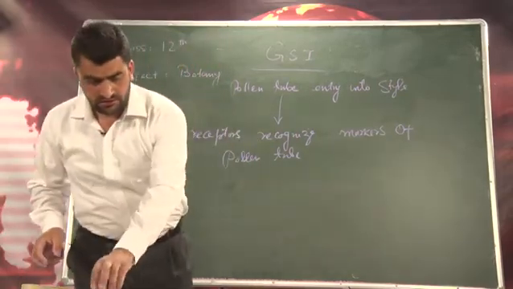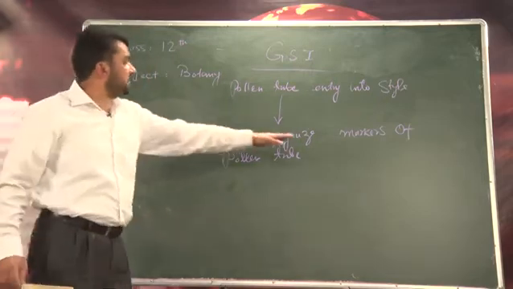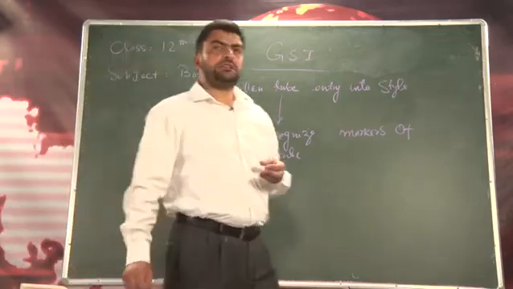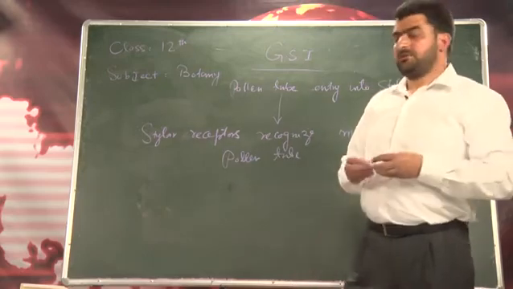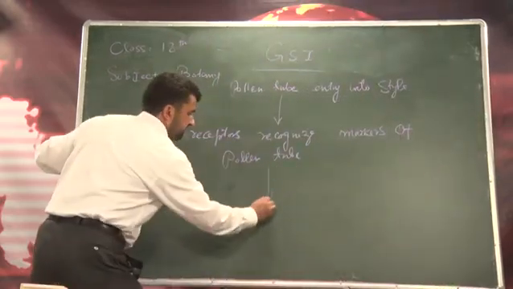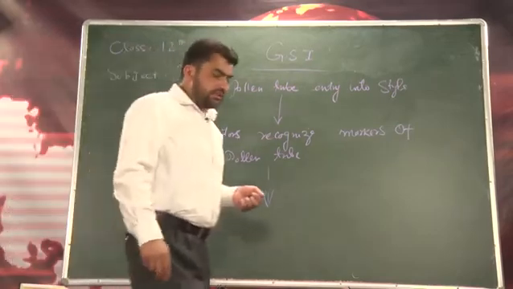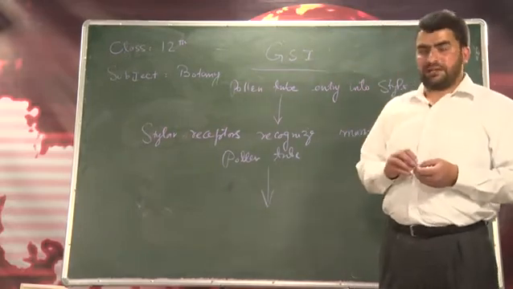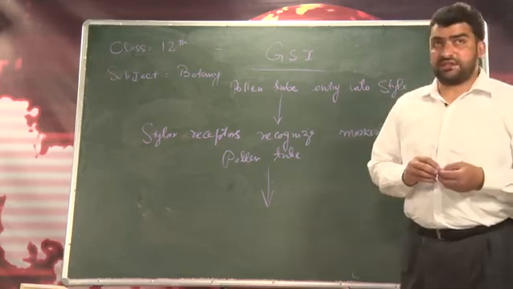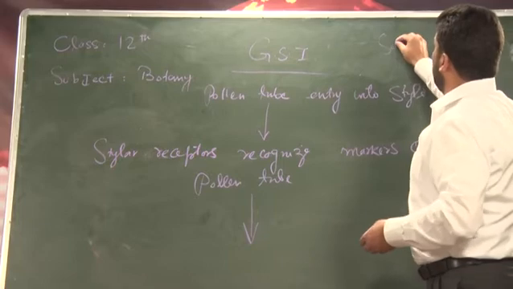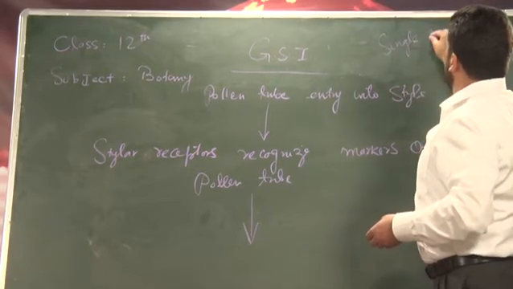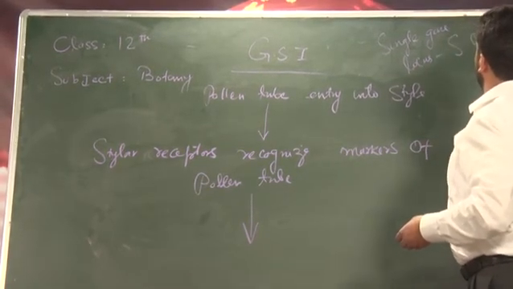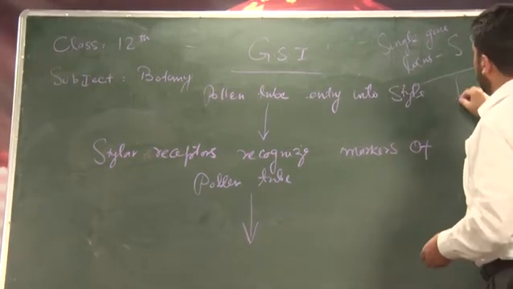Thereafter, upon the interaction of the markers and the receptors, the stylar cells produce a gene-regulated product. The gene responsible for self incompatibility is a highly polymorphic single gene locus that you call simply the S locus.